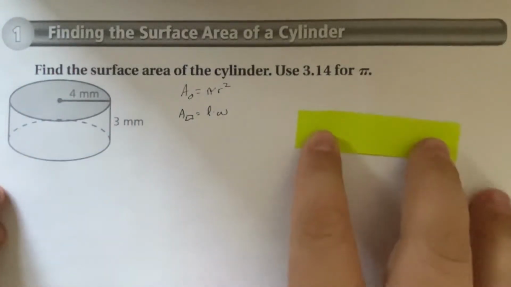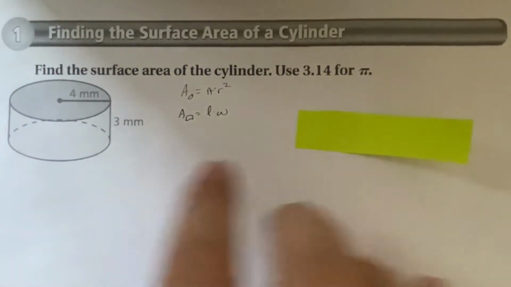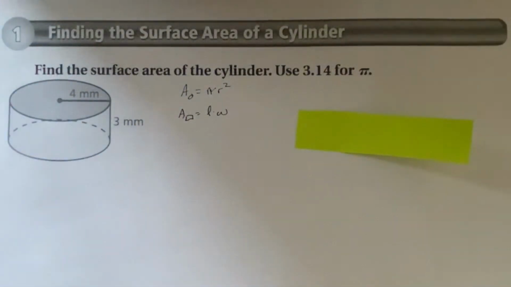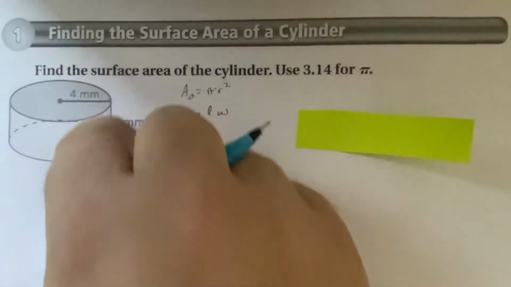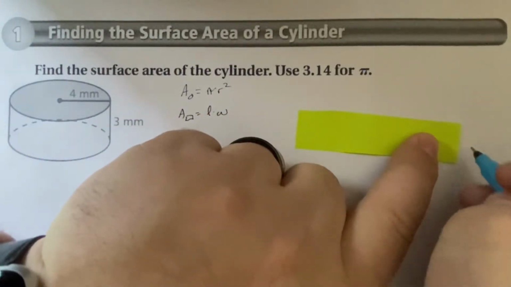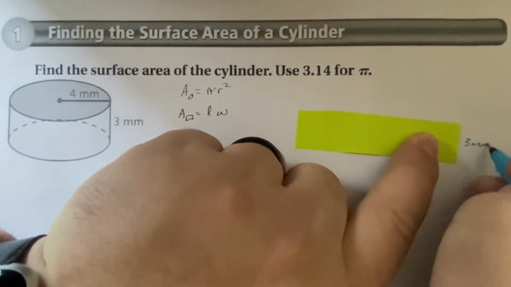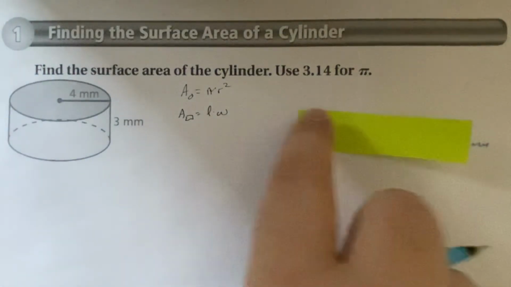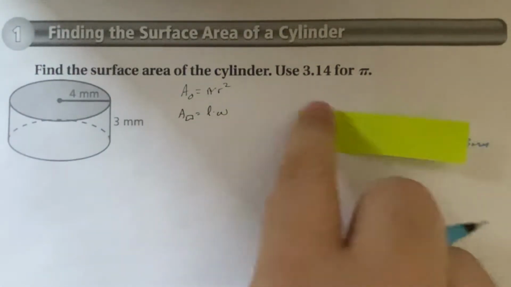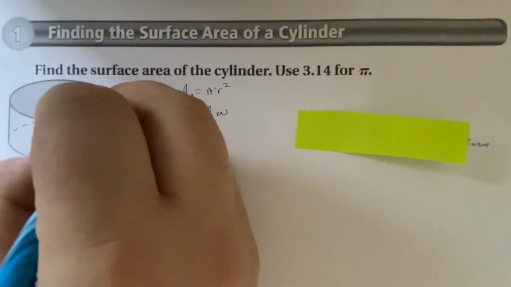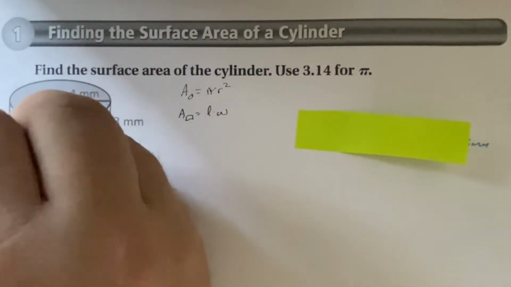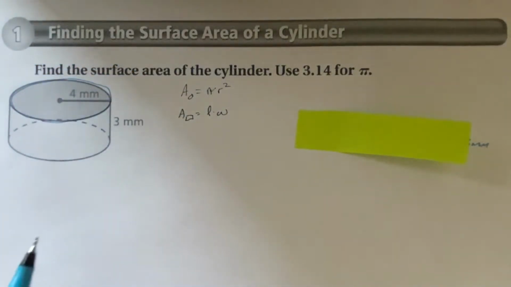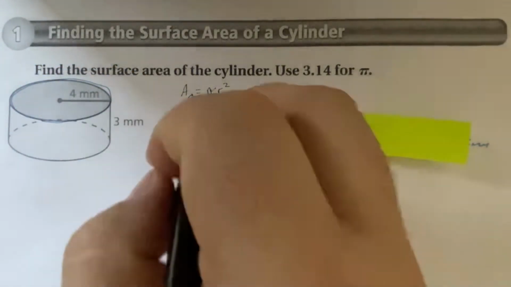So again, we're using this piece of a Post-it to represent the middle part, the one that's separating the circles. So let's take a look. We know it's 3 millimeters tall. What we don't know right now is how long it is. Well, it's the same idea as going all the way from here, all the way around, or measuring the outside of a circle.